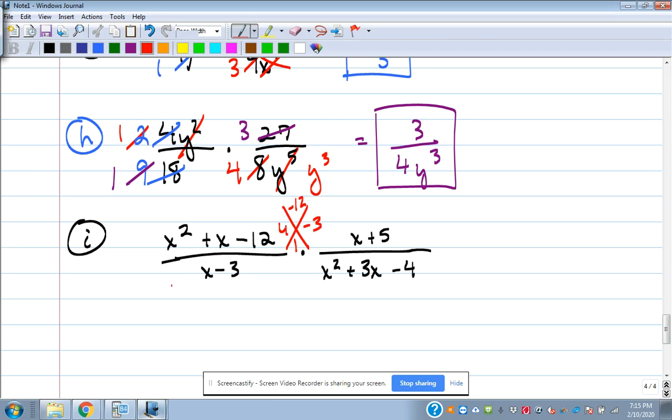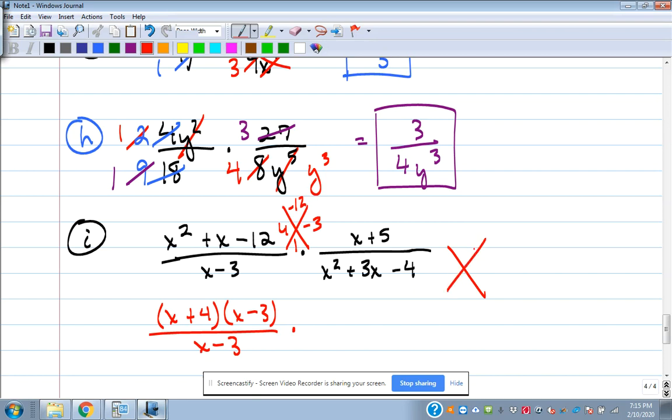Good job, Ben. So 4 negative 3. So that's going to be x plus 4, x minus 3 on the top. The bottom part I know doesn't factor because it's just x minus 3. So I'm just going to rewrite it there. I already see something that's going to cancel, but I'm just going to be patient and wait and just do all my canceling at once.